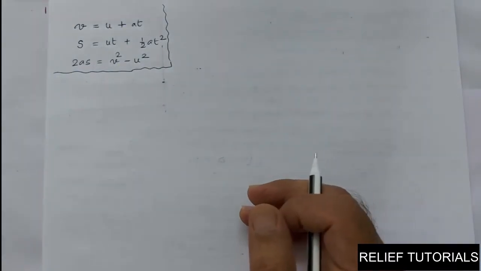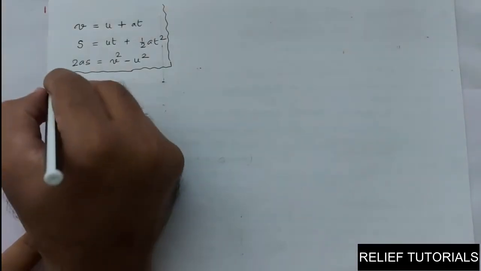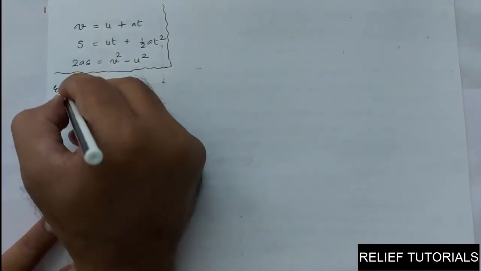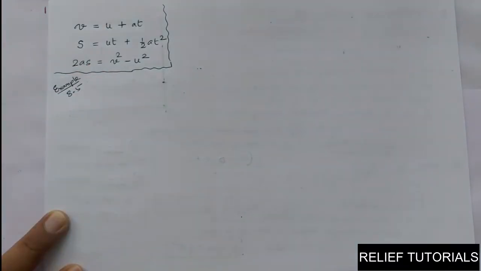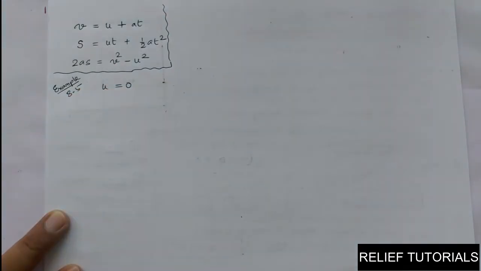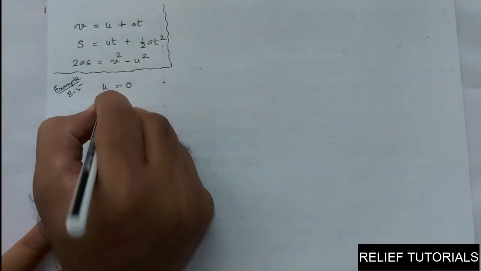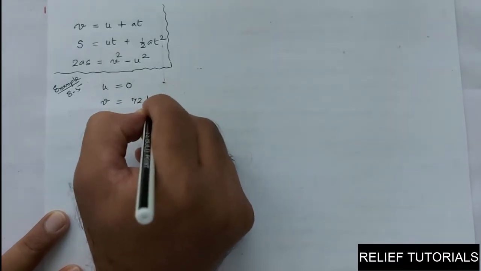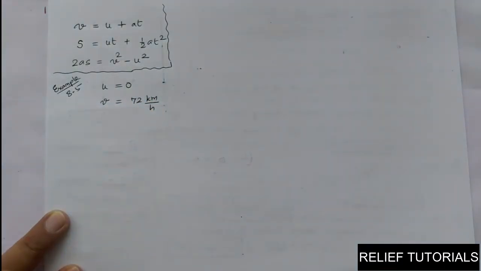So according to the given condition, example 8.5, initially the train is at rest, so U is equal to 0. It attains the velocity of 72 km per hour. Convert this kilometer per hour into meter per second.